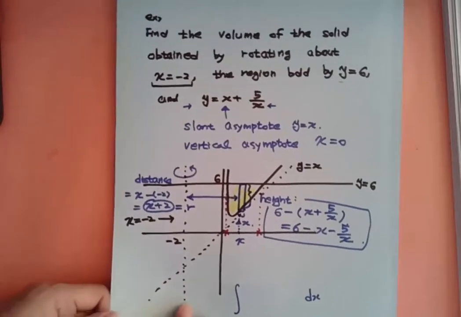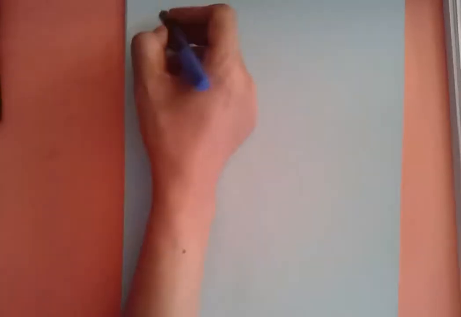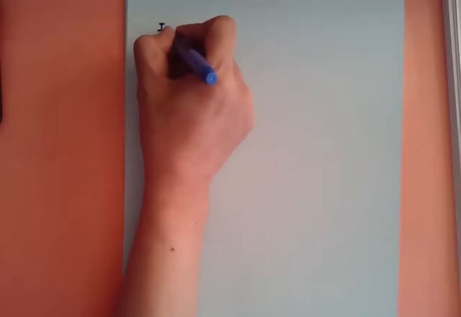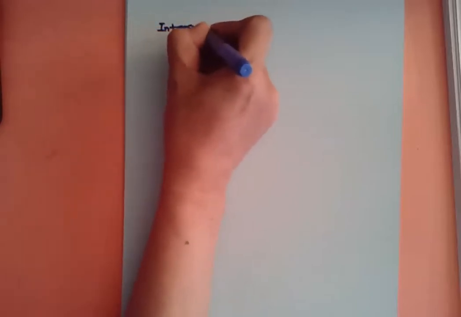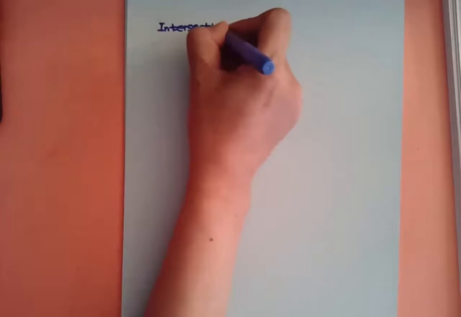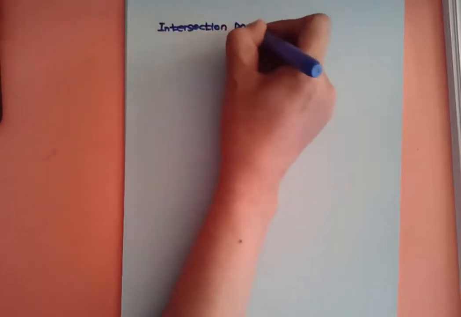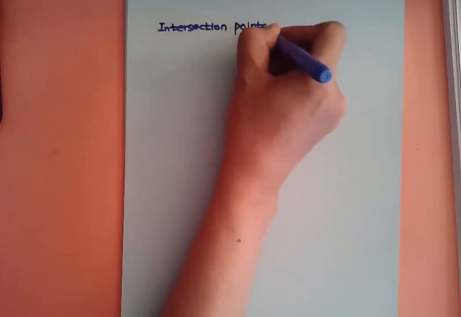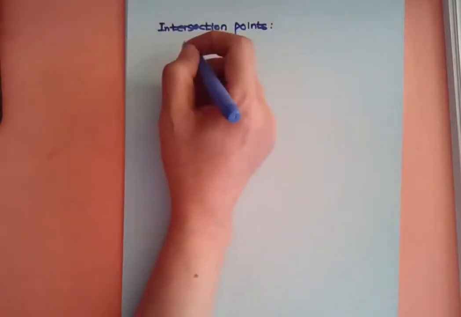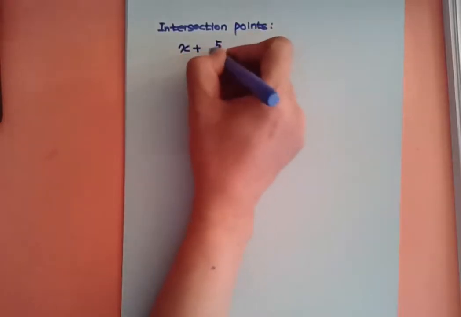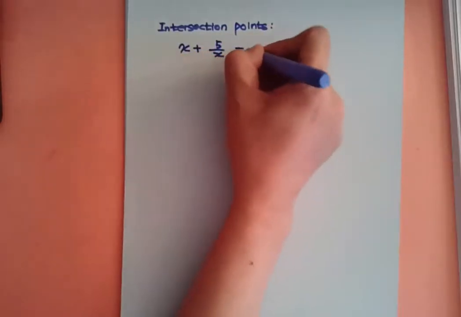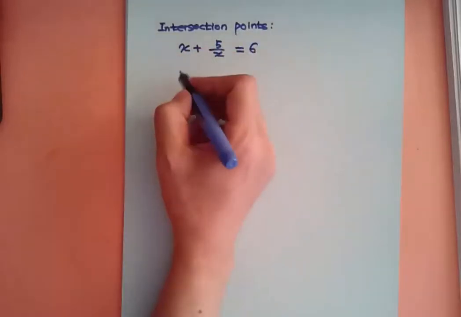Let's figure out the intersection point. At the intersection point, y values must be the same. So we have an equation, x plus 5 over x equals the y value 6.